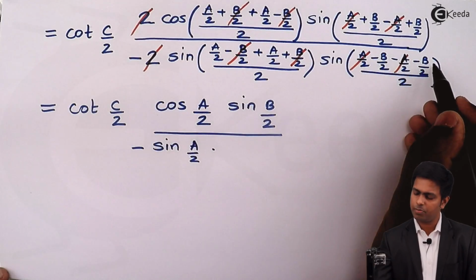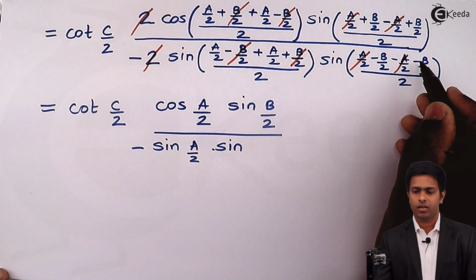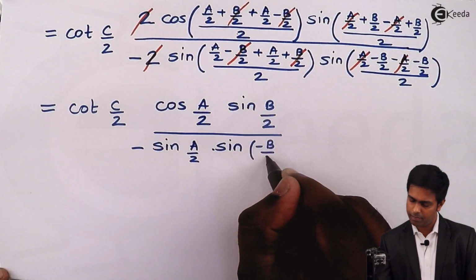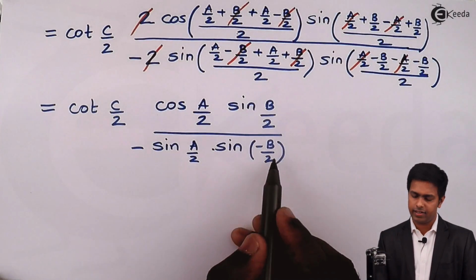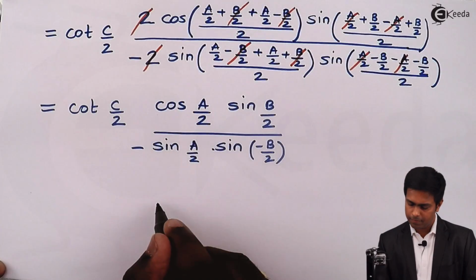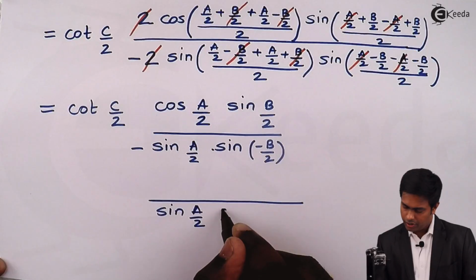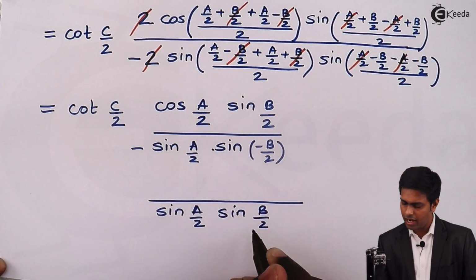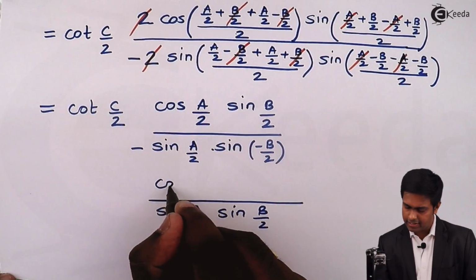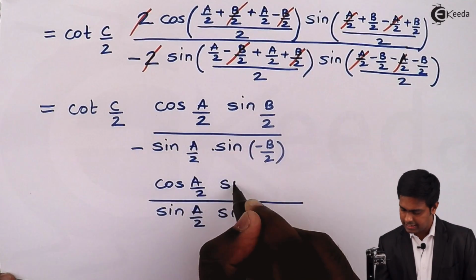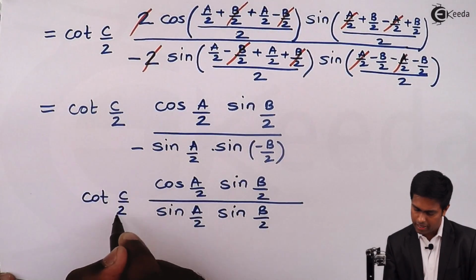Similarly here sin of minus B/2. Now we know that sin of minus theta is minus sin theta, so this will become positive. Here I'll say sin(A/2) into sin(B/2), and this negative sign with this negative sign will become positive. Numerator as it is, that is cos(A/2) sin(B/2), and this cot(C/2) term as it is.